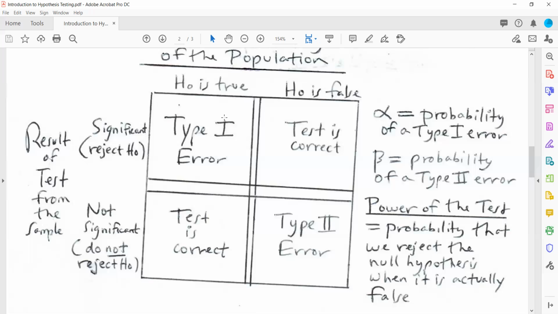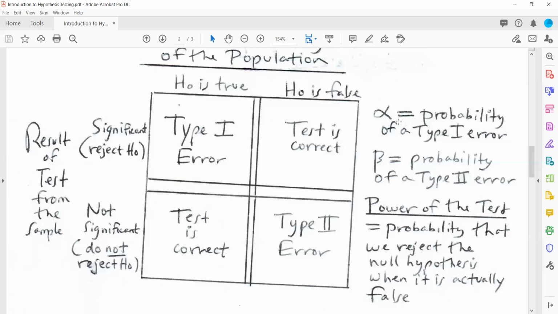So the type 1 error is called alpha. And this is something that a researcher will try to control for upfront before they do their research. So they're going to select an alpha. What they're basically going to select is some low probability, like 0.05, like 5%, or 0.01, 1%, or 0.1, 10%, some number that's small like that.